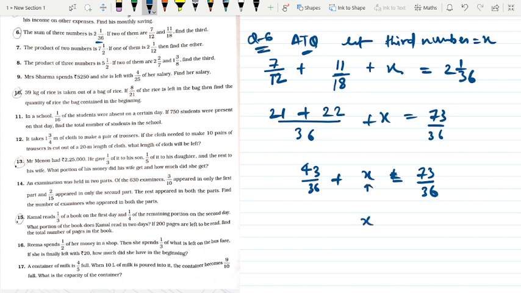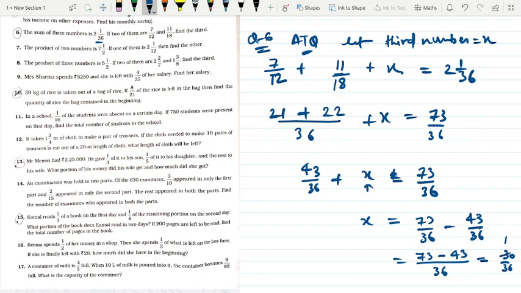Then we need to find this x. So just write x is equal to 73/36 minus 43/36. Since the denominator is the same for both fractions, 73 minus 43, you will get 30/36. Then 3 1s are 3, 3 2s are 6, 6 5s are 30, 6 6s are 36.